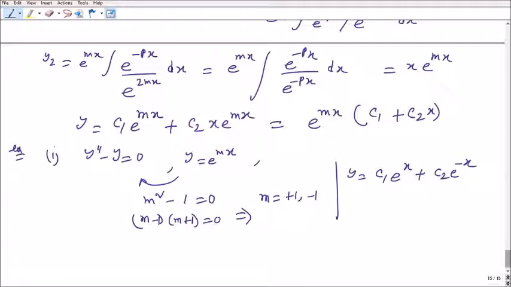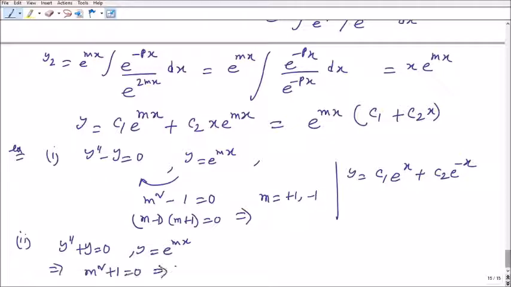Now similarly, example 2: suppose the differential equation is y double dash plus y equal to 0, and y equal to e to the power mx is the trial solution. Then the auxiliary equation we get is m square plus 1 equal to 0.